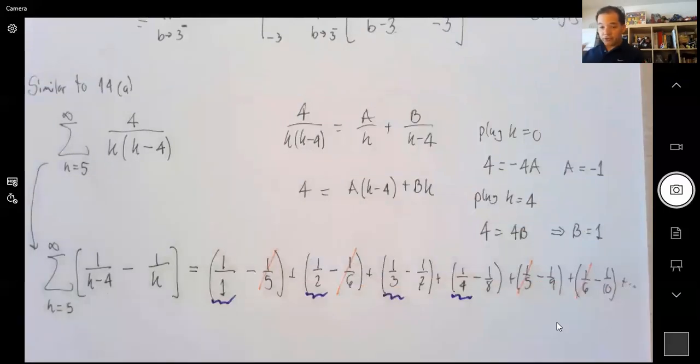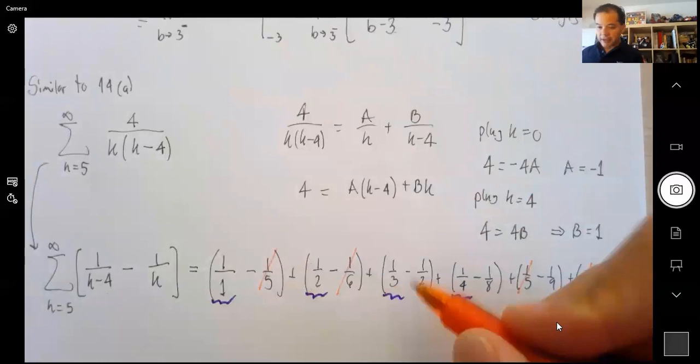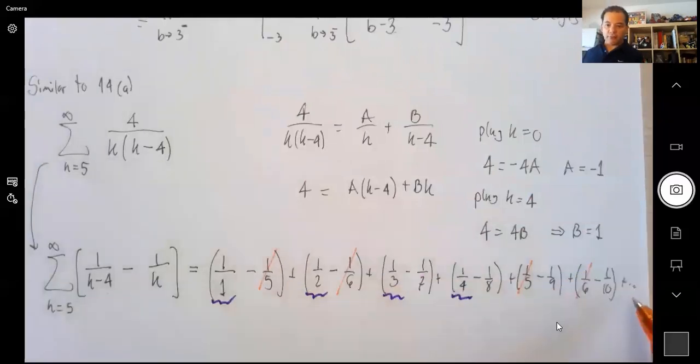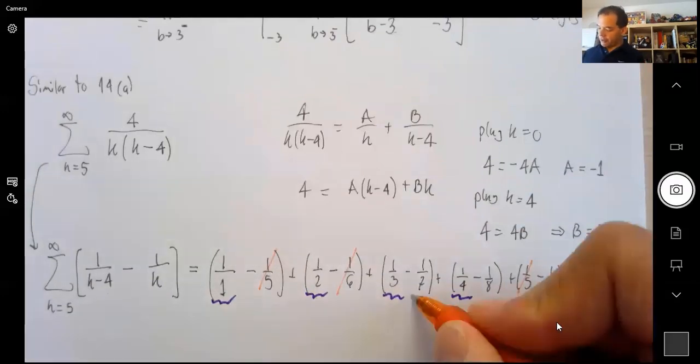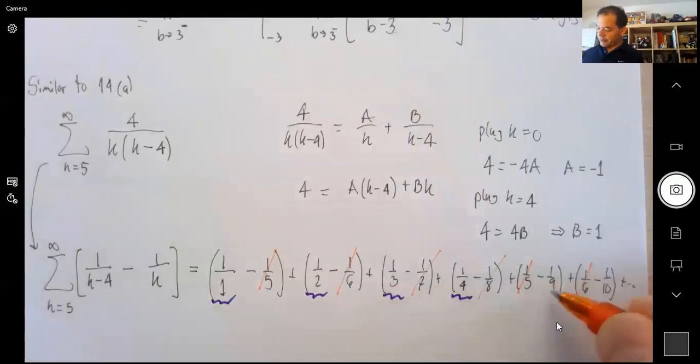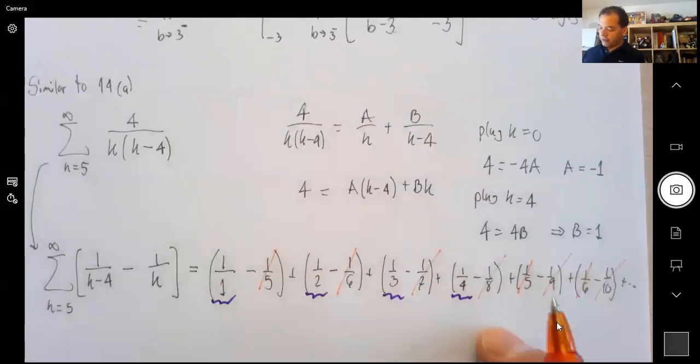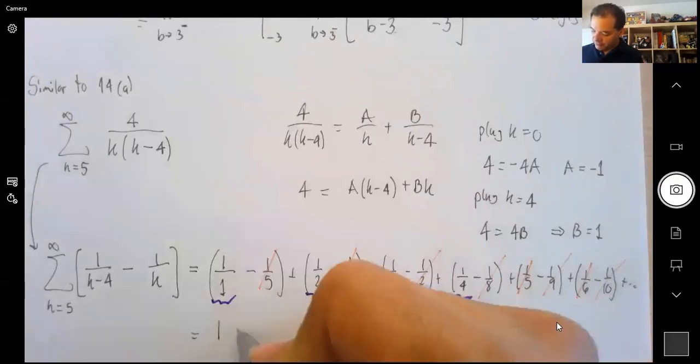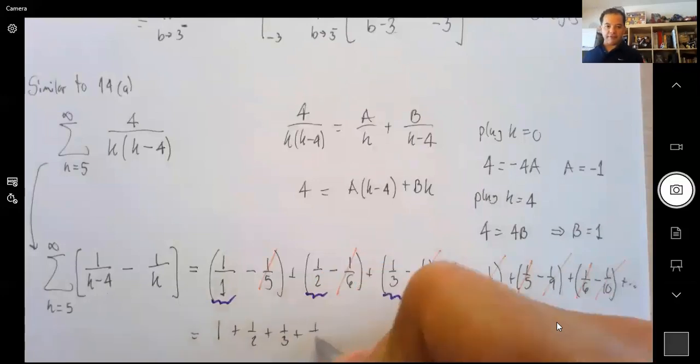All others will eventually cancel. So this negative 1/7, I mean, I have dot, dot, dot, so you don't see it anymore, but this negative 1/7 is going to cancel with the one after that. So this one will go, and so will these, and so will these, etc. So the only ones that are going to survive are the first 4. So the answer is actually 1 plus 1/2 plus 1/3 plus 1/4, whatever that is, right?